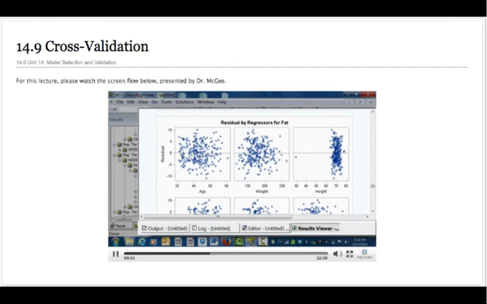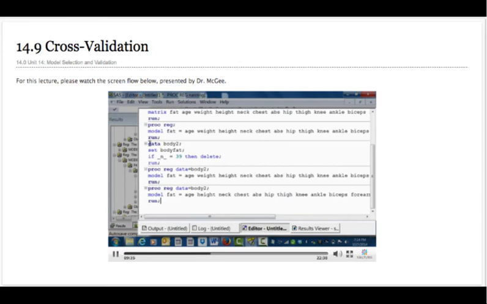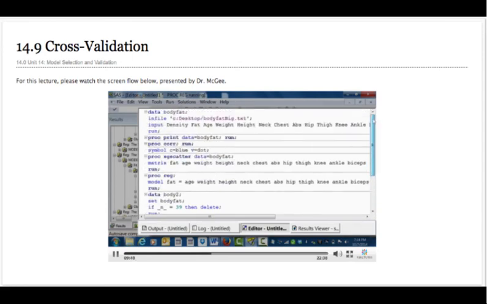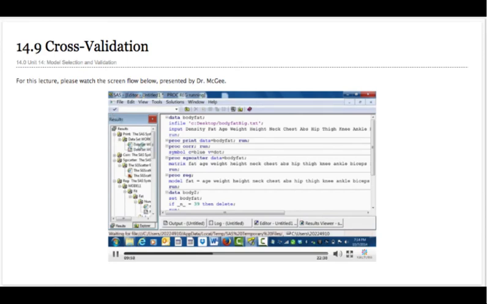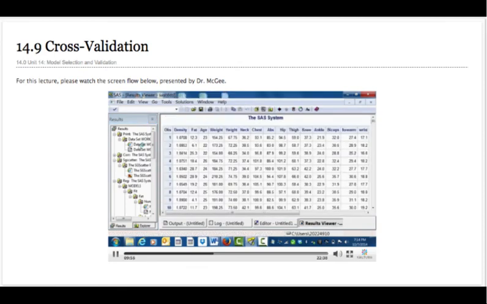Well, I'm going to just print the data. So, well, I probably did that up here at the top. Here's my proc print. Let me find out who this individual is that has a height of 30. I'm guessing that this height was probably entered incorrectly.